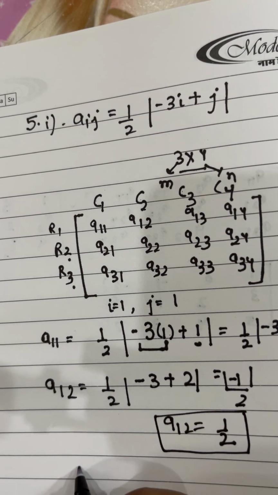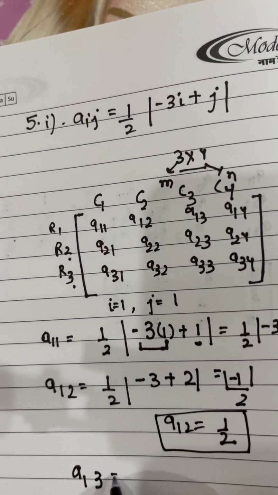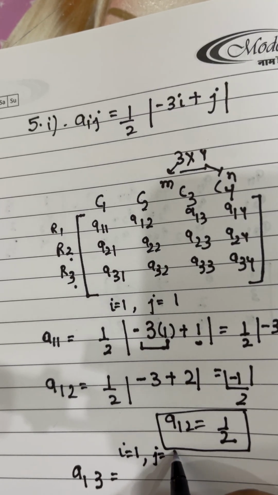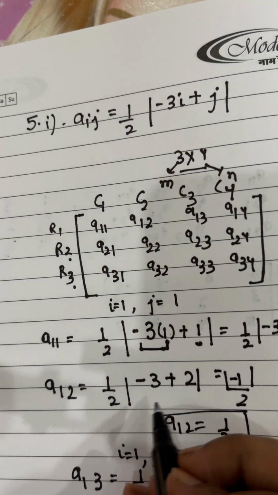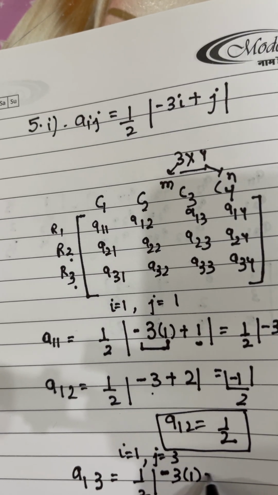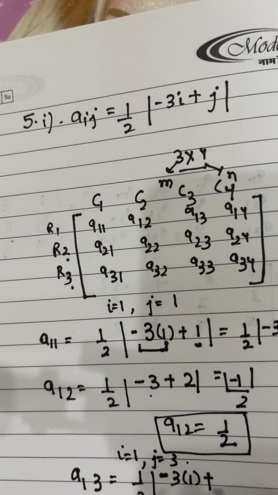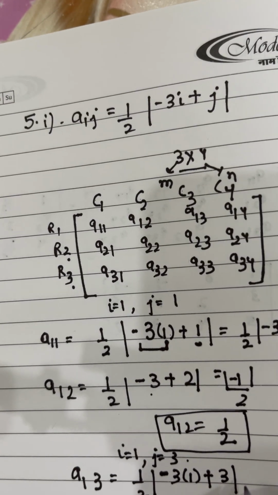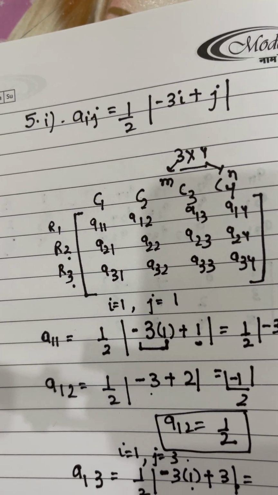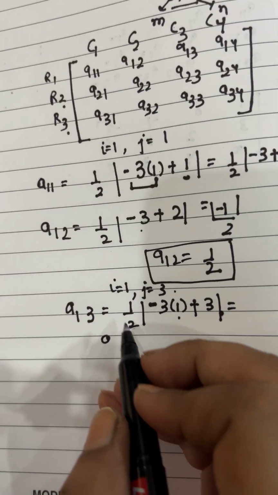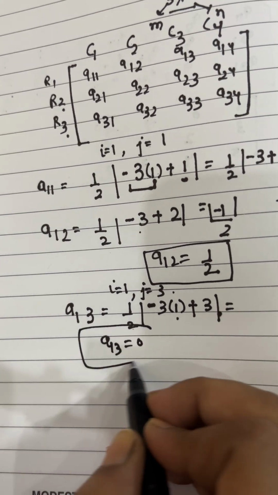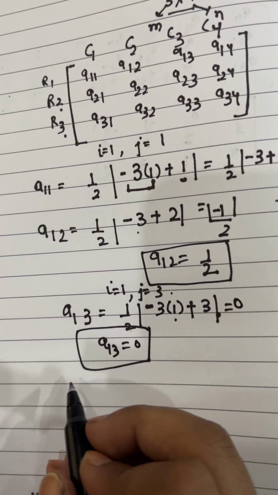Similarly, we will find A13. Again, i is equal to 1 and j is equal to 3. So 1 by 2, minus 3 into 1 plus j which is 3. Minus 3 plus 3 is 0. So A13 is 0. Now A14.